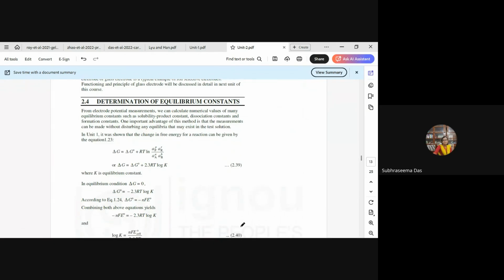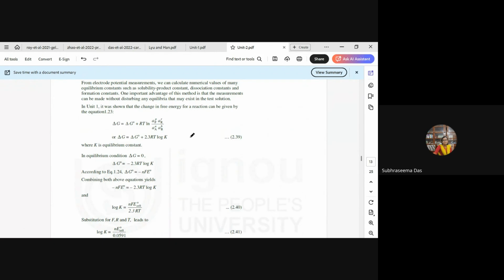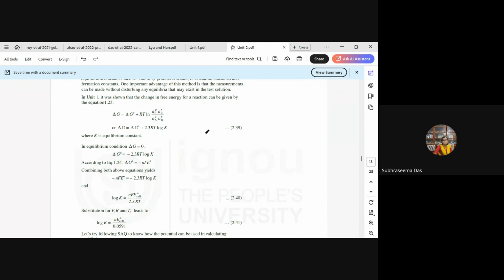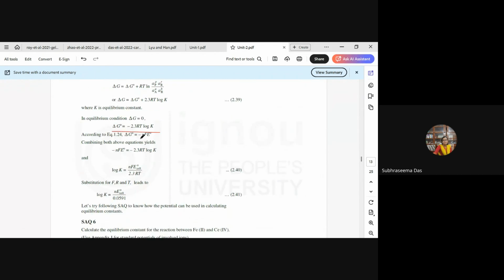And then coming to determination of equilibrium constants. From electrode potential measurements, we can calculate the numerical values of many equilibrium constants. Here we know the equation that delta G is equal to delta G0 plus 2.303 RT log K. At equilibrium, we know that delta G is equal to 0. So now delta G0 becomes minus 2.303 RT log K, and we also know that delta G0 is equal to minus nFE0.